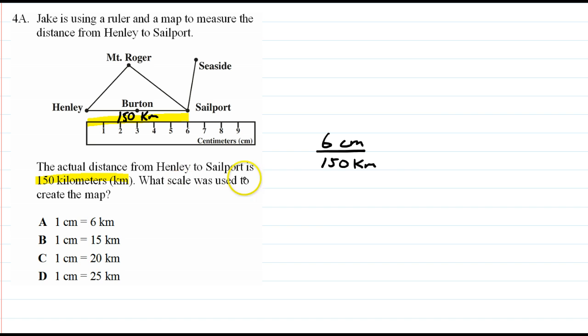And we want to know what 1 centimeter equals in kilometers. So we could call that x. So we have this proportion again, and so we just cross multiply. And so we get 6x is equal to 150, divided by 6.